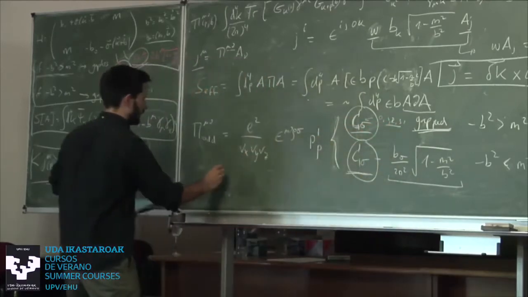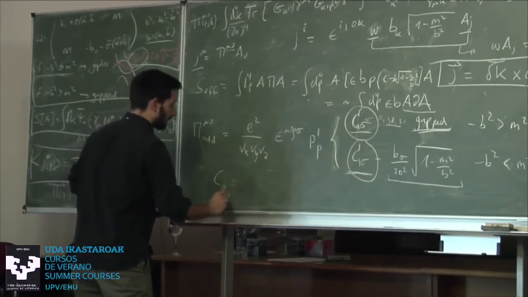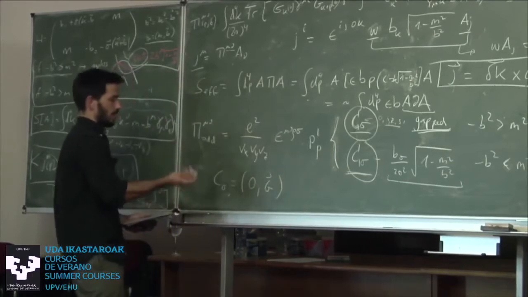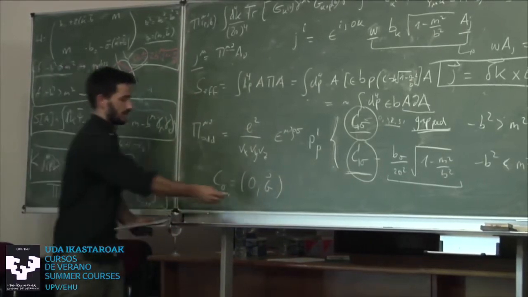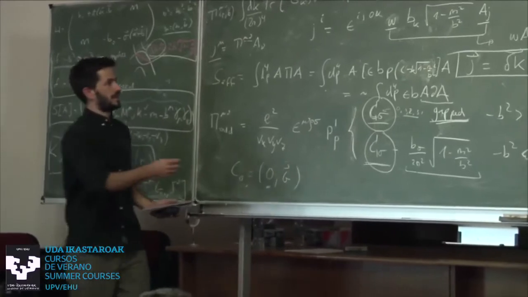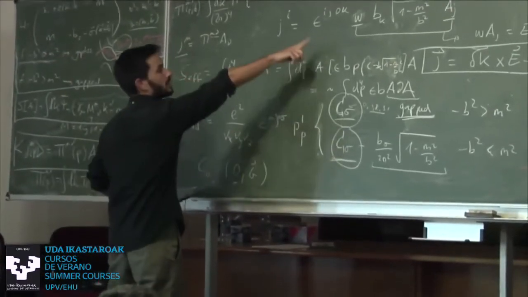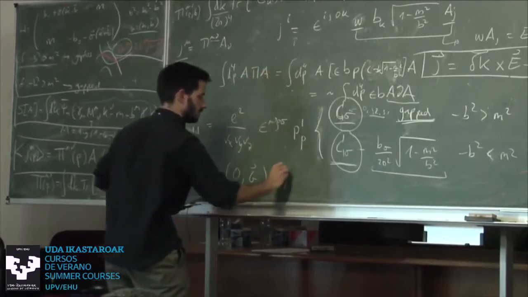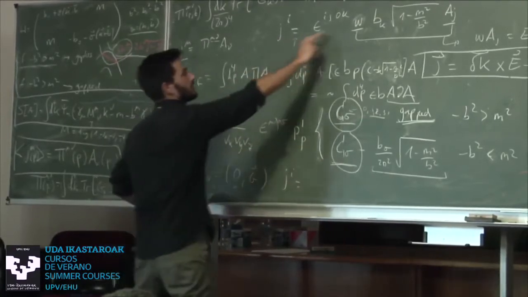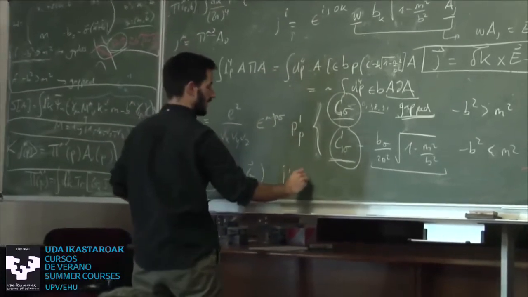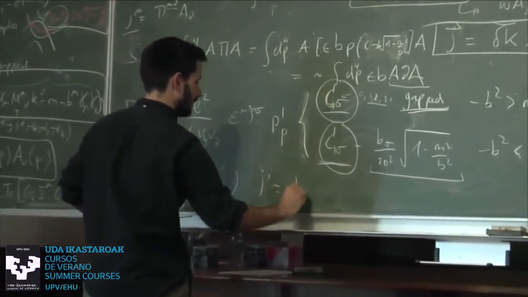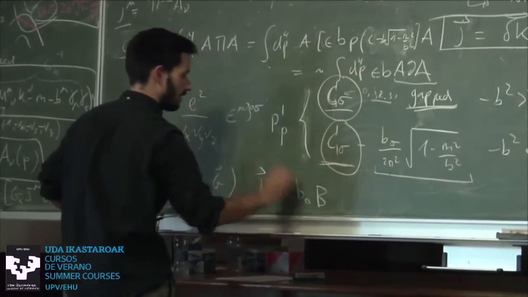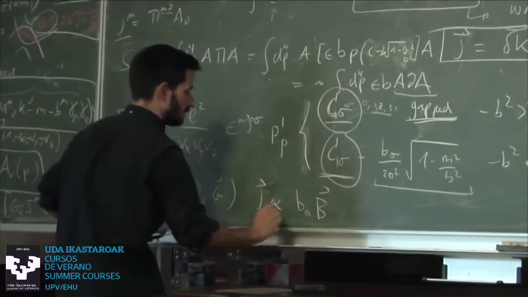In fact, you can argue on physical grounds that the temporal component has to be 0, because if you do the same calculation here, you can also find a component that looks like this, B0B essentially, proportional to this.